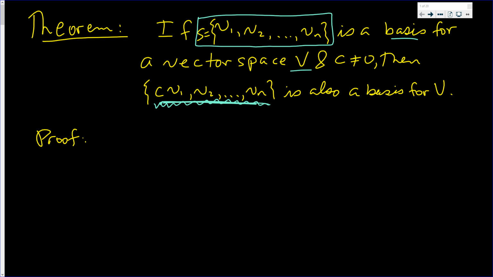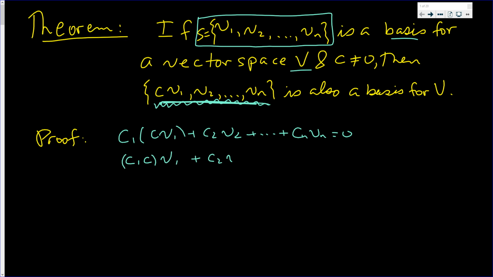Now, let's check for linearly independent. Let's look at c1 cv1 plus c2 v2, all the way down to cn vn equals 0. Now, a property of vectors and scalars is this is c1 c times v1 plus c2 v2 all the way down to cn vn.